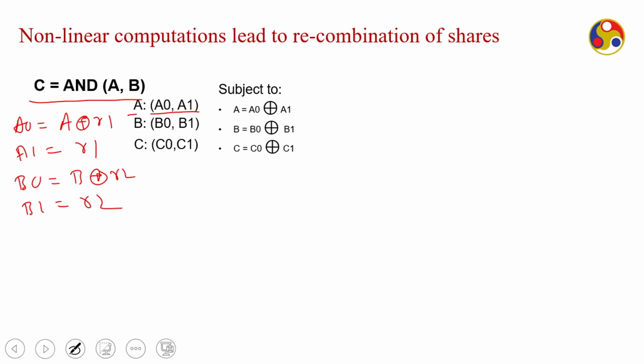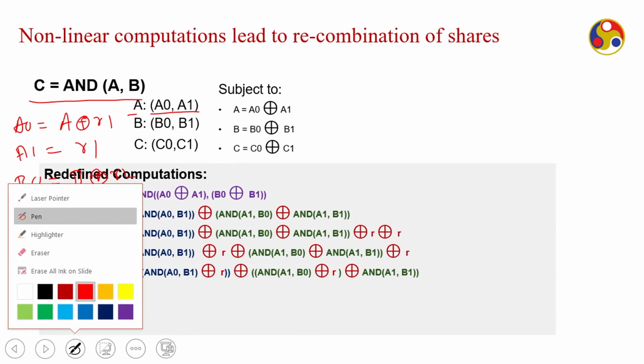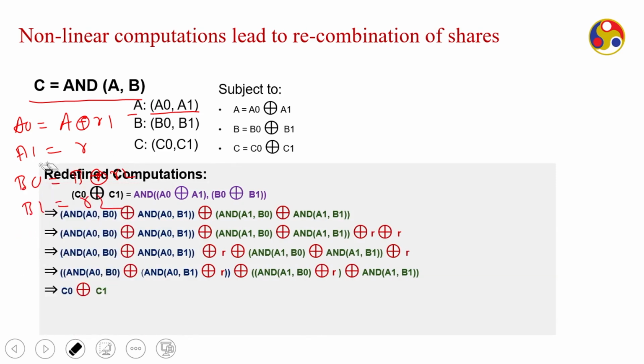You have to do everything on share A0. Earlier you had some computation AB, right. Now, I have to do an AND operation on A0, some AND operation on A1, B0, B1, something like this. So, I will basically rewrite my operation like this.